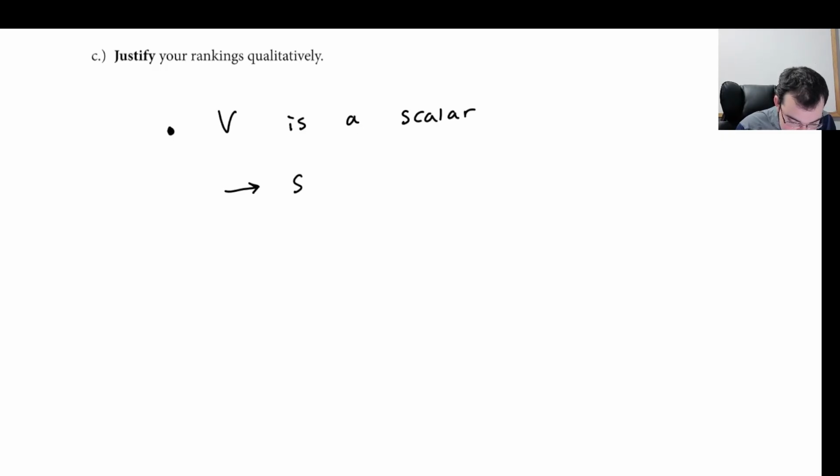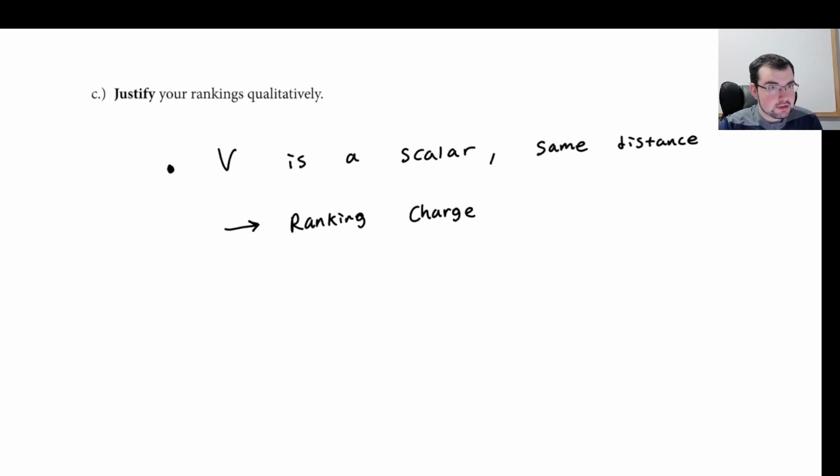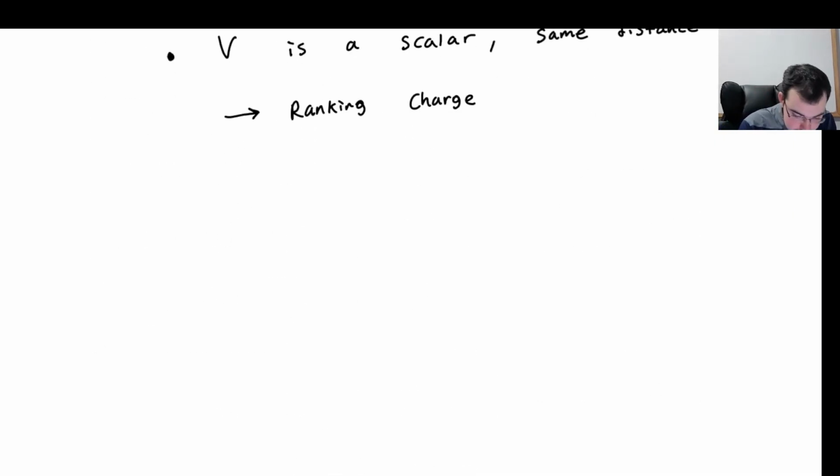And since we have the same distance for all segments, we know that we're simply ranking the charge. But for the E field, we know that E is, of course, a vector.